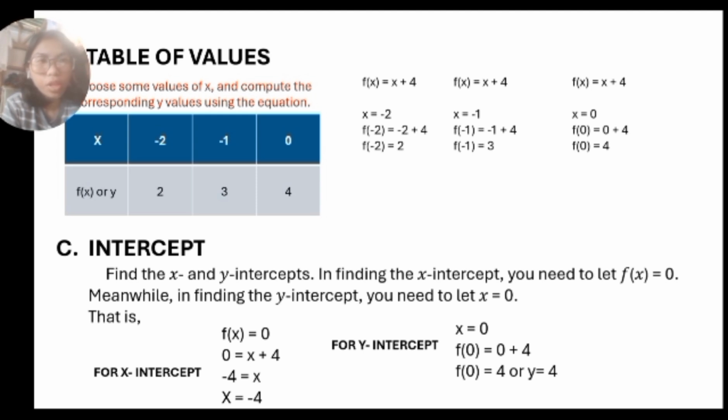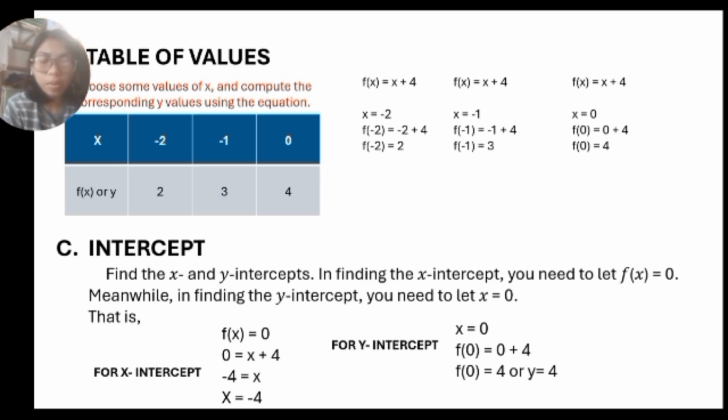So mao na ni iyang solution. So sa pag-substitute sa x equals -2, ang answer niya is 2. Then sa x equals -1, the answer is 3, and sa 0 is 4. So mao na ni ang table of values.